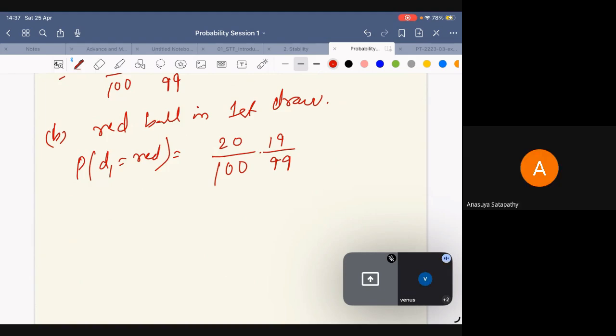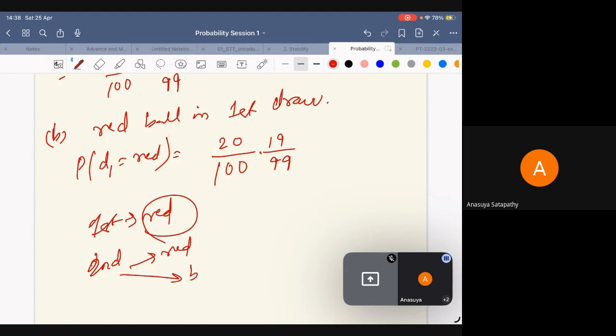The first ball is only red. The second one doesn't matter what it is. Let me show you. First one should be red. Second one can be red or can be black. So first one I took red. I have to draw two times.